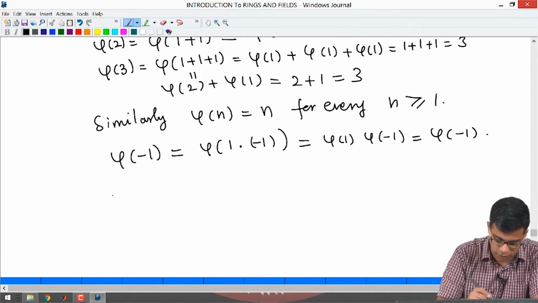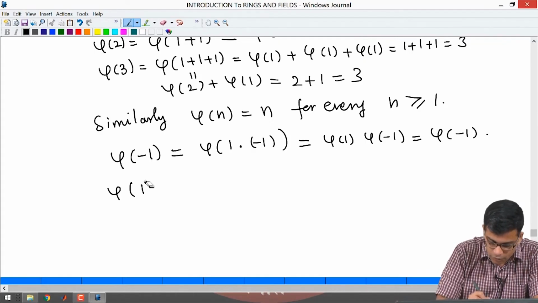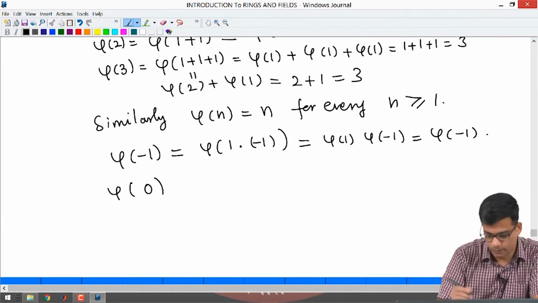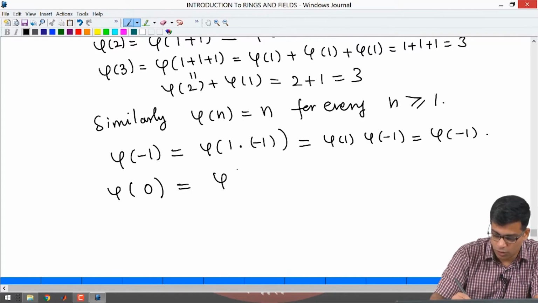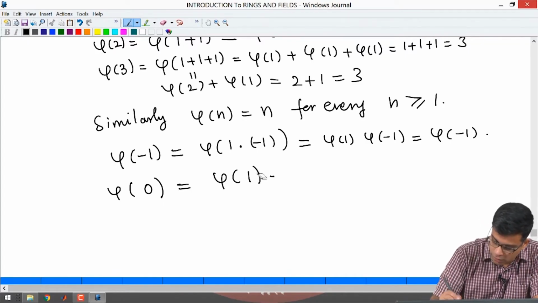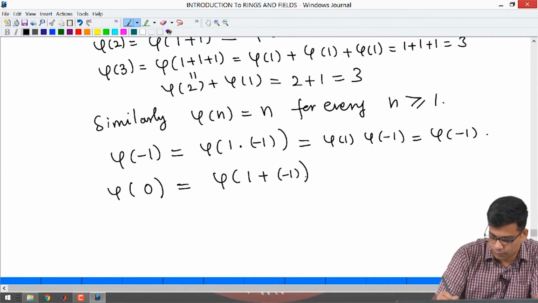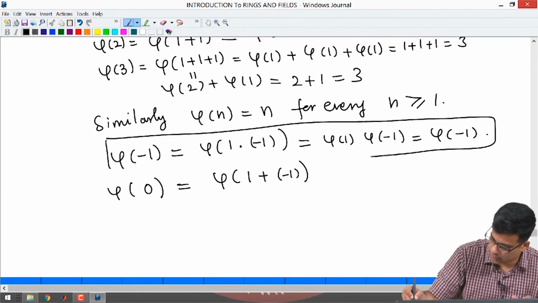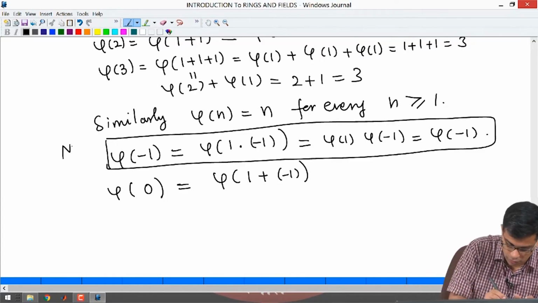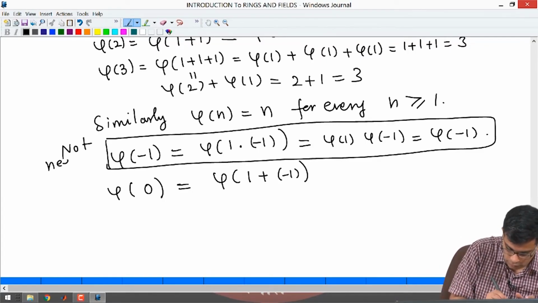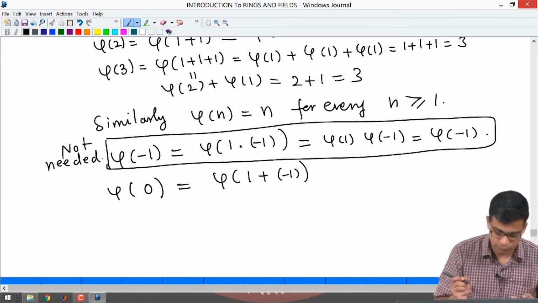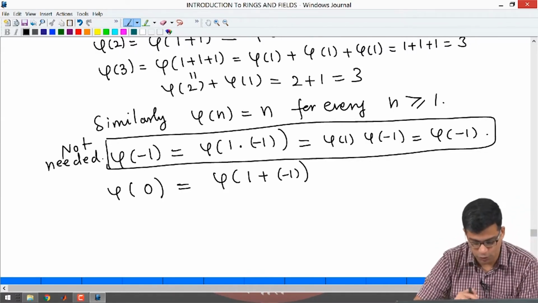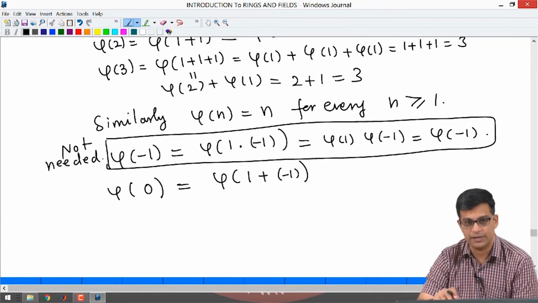So, let us do one more thing. Let us try to find out phi of 0 first. What is phi of 0? So, 0 is 1 plus minus 1, right.